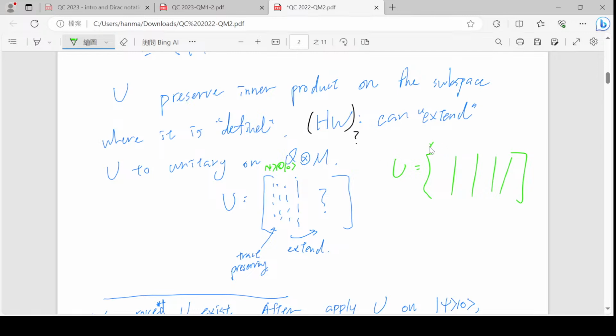So you have psi tensor 0, psi tensor 1, up to psi tensor m, like this. And now we have checked the psi tensor 0 part preserves the inner product. That means all those columns are also normal to each other. And the other columns are kind of whatever. So you can always complete U to a unitary.